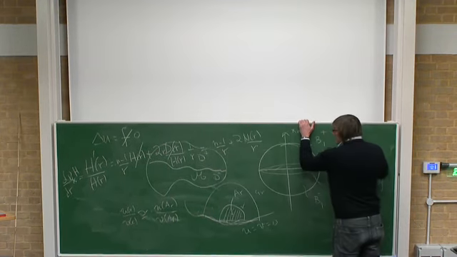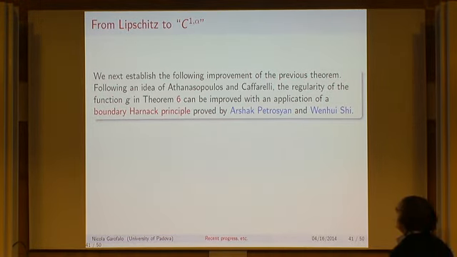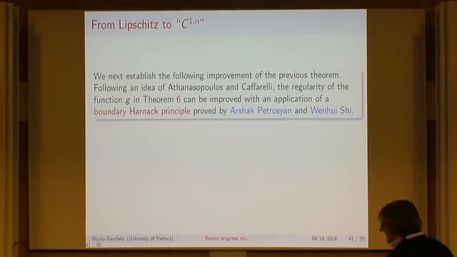All right, so what Athanasopoulos and Caffarelli observed is that they first established the non-negativity of the directional derivative of the solution to the free boundary problem. Then you apply that result to this non-negativity.